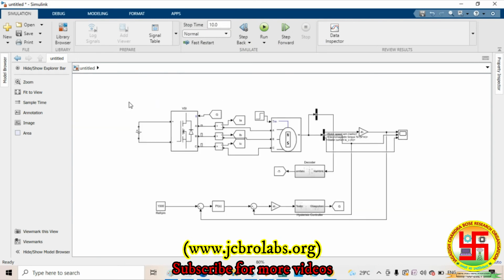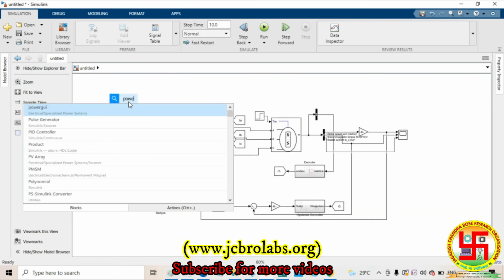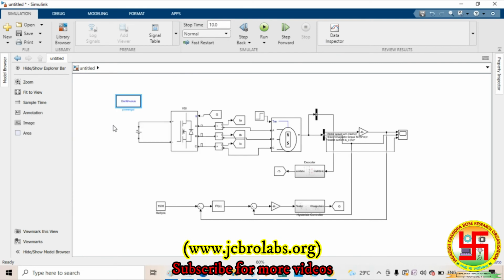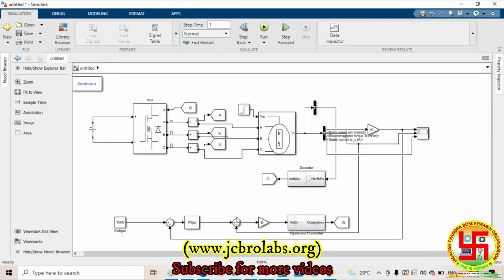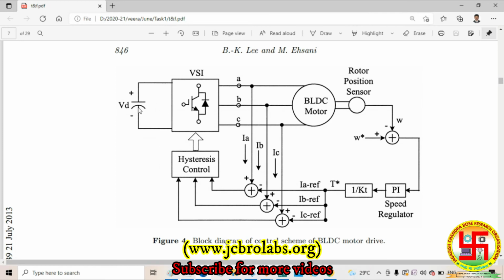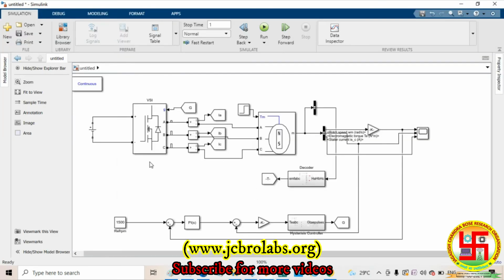So, and here as usual we need to take a power GUI. Then you can keep here either 1 or 2 or 5 seconds, then you can run. So you can observe this one. The DC capacitor they keep actually, the DC voltage source which we taken, and the voltage source inverter place we taken here universal bridge. So this is voltage source inverter, then we are generating the gate pulses.